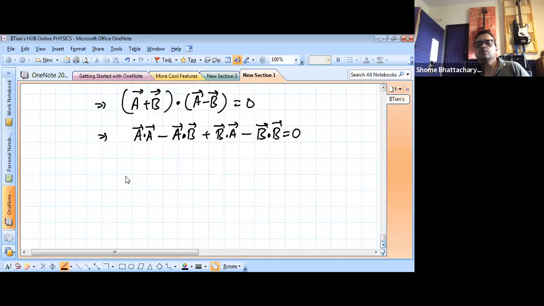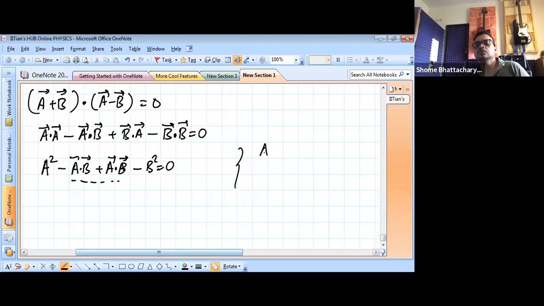Now we'll use 2 important properties of dot product. That is, A dot A is equal to magnitude of A square, and A dot B is the same thing as B dot A. So that is why in the next step this sum will become 0. So we've used 2 properties here.